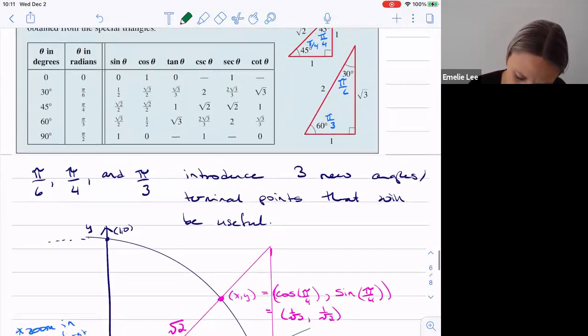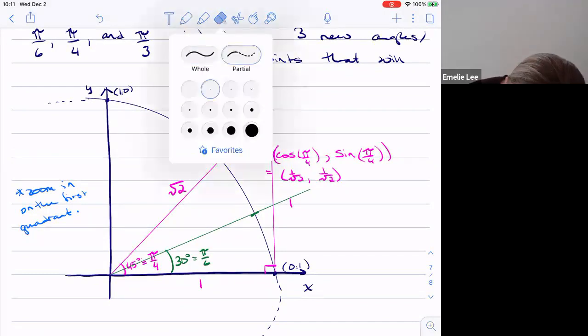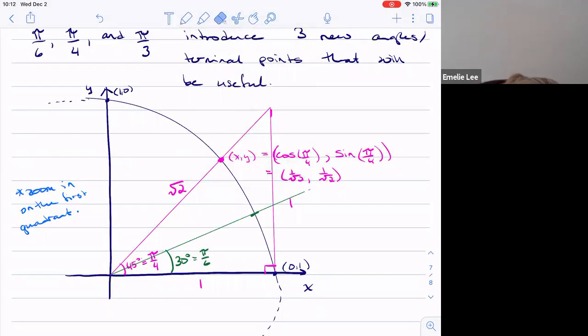And if we have a look here, I went too far, didn't I? Got to erase this a little bit here.